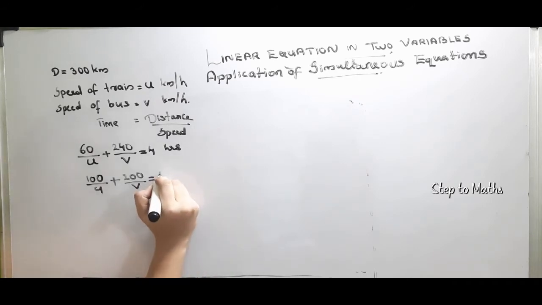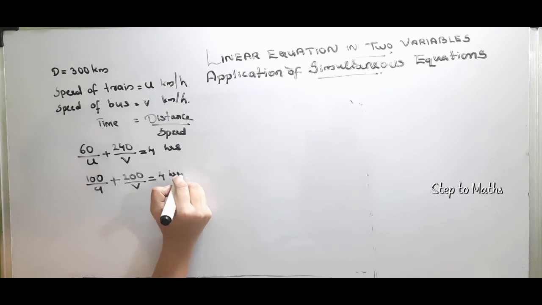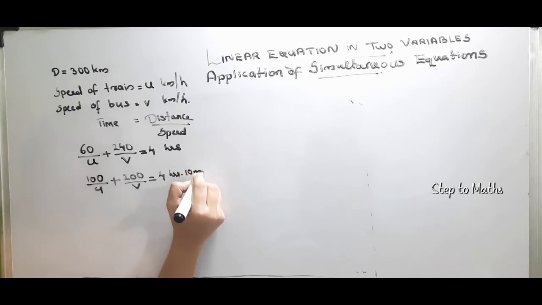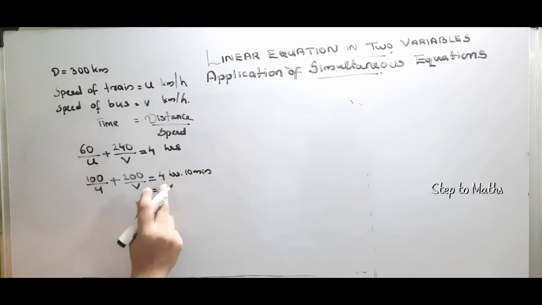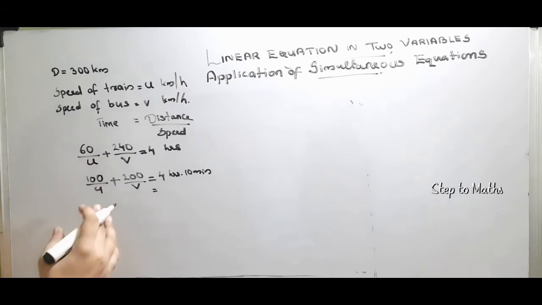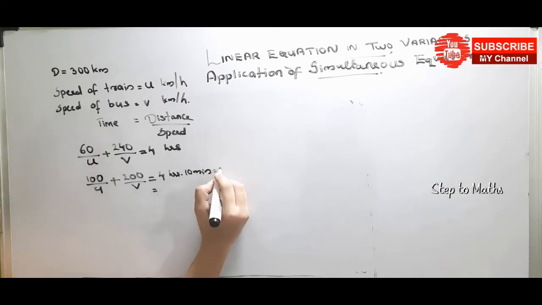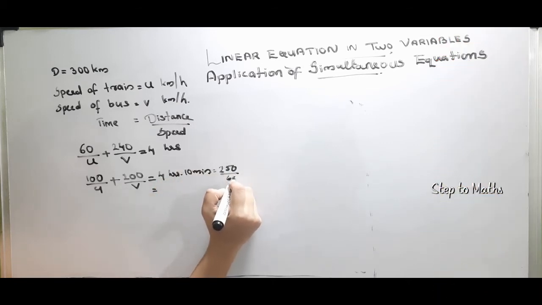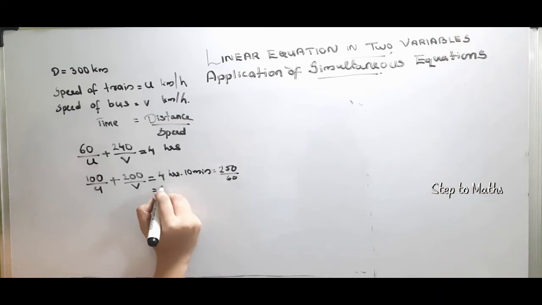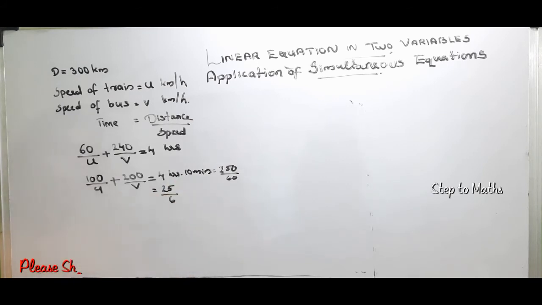That means she takes 4 hours 10 minutes. 4 hours means 240 minutes plus 10, 250 minutes. If we convert it into hours, 250 by 60 is equal to 25 by 6.